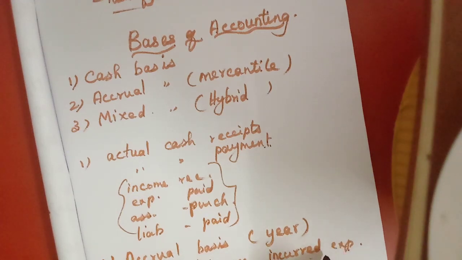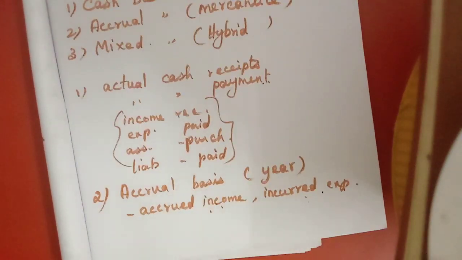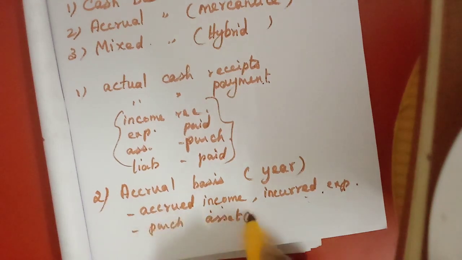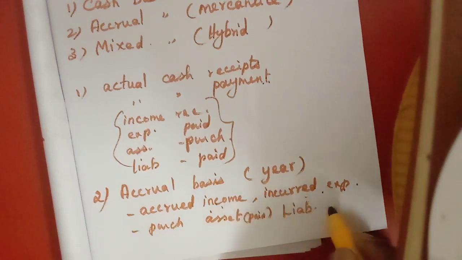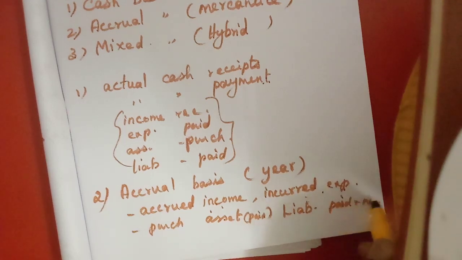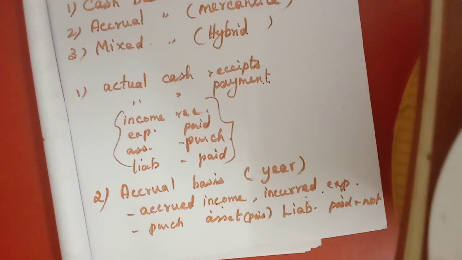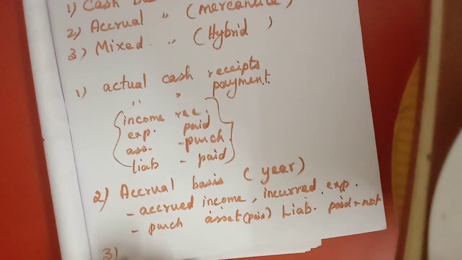Whether that expenditure is incurred, yes, but whether we have paid or not, we will enter it in the books of accounts. Then any asset we have purchased, whether we have paid cash or not, they will enter. Any liability they will enter, whether we have paid or not. That is called accrual basis.